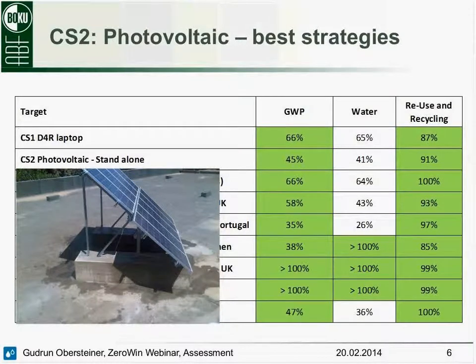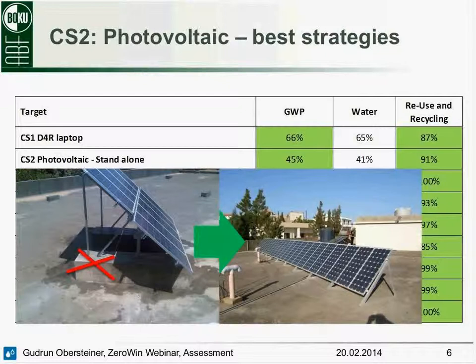The use of off-spec modules, and another example that I want to show you here is if you try to prevent the concrete. If you don't use concrete for the installation of the photovoltaic module, this leads to another savings of 4% of the greenhouse gas emissions. And what you can see here, we reached about 45% for the global warming potential and 91% for the reuse and recycling target.